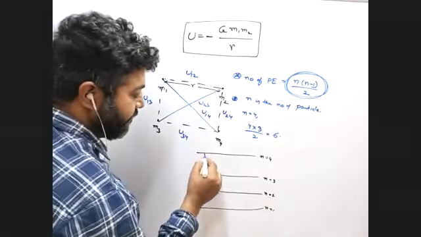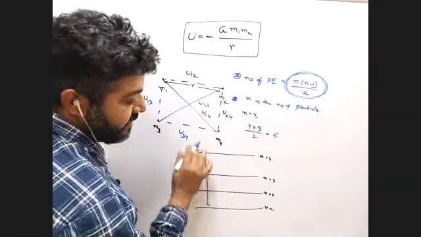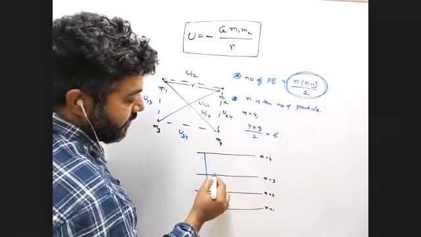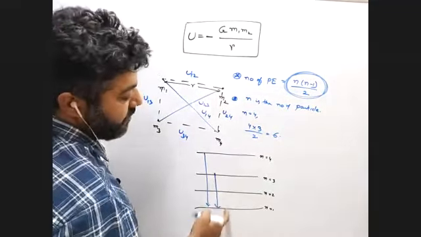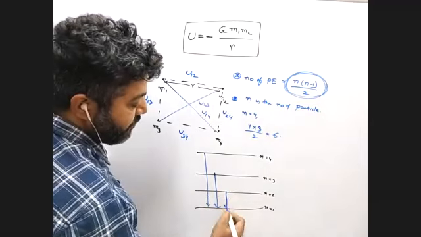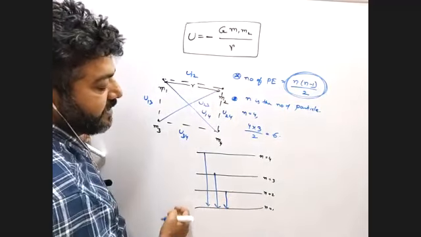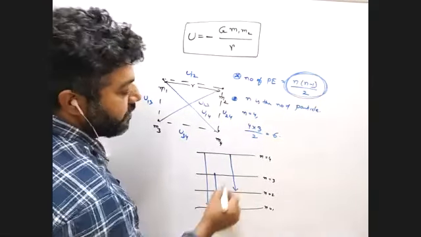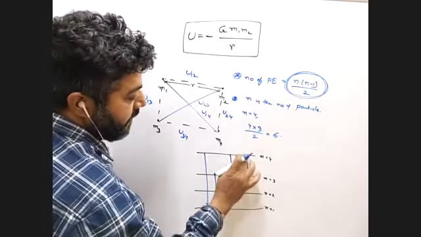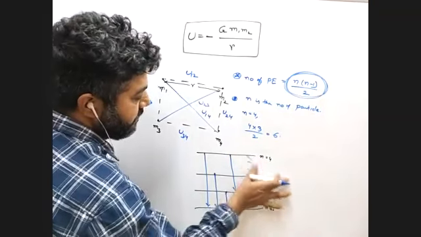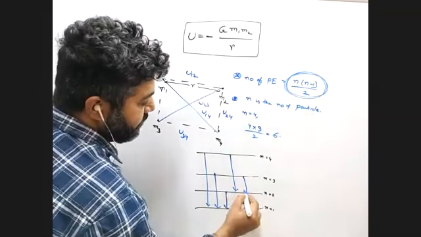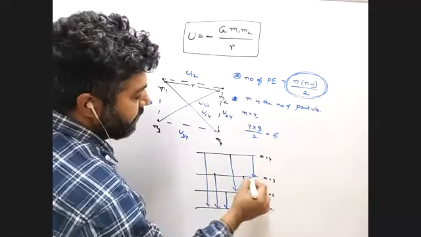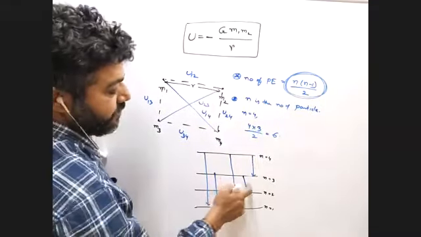When you jump from 4 to 1, it is a different energy level. When you jump from 3 to 1, you have a different energy level. From 2 to 1, and so on. Now you can jump from 4 to 2, 3 to 2, and then 4 to 3. So 1, 2, 3, 4, 5, 6.